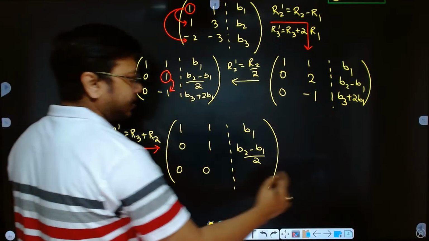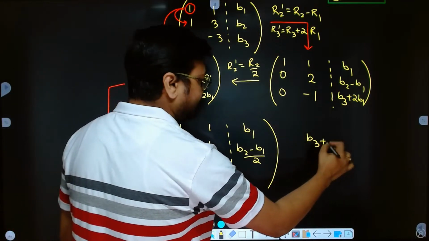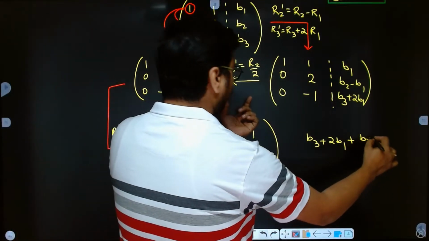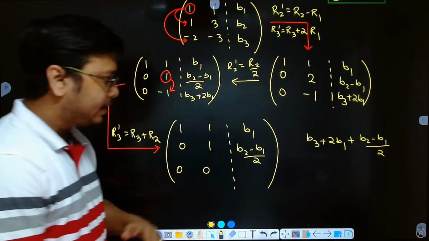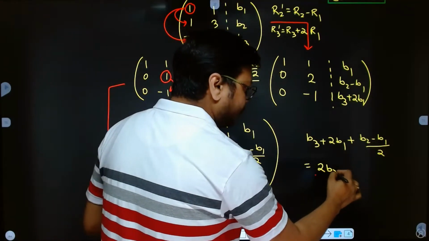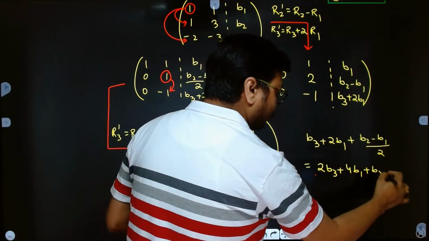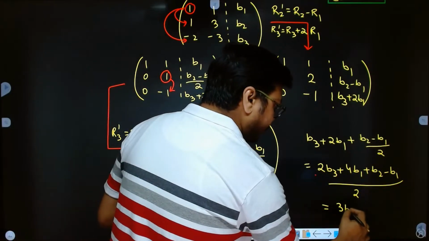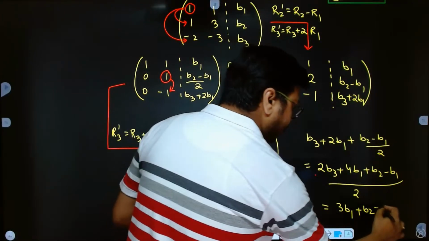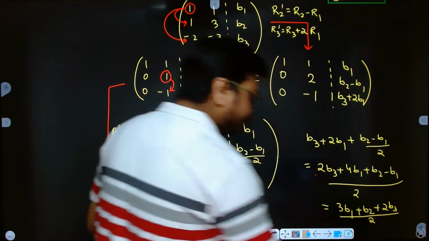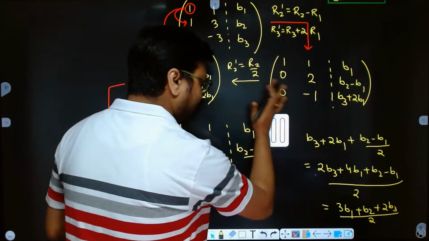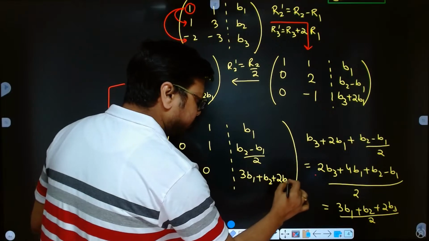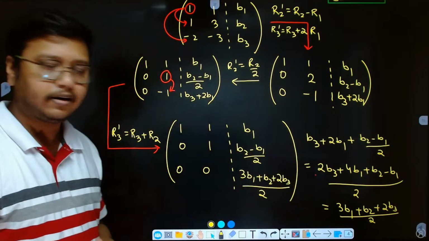I'm adding this with the element above it, so it's B3 plus 2 times B1, along with the element just above it, which is B2 minus B1 upon 2. This turns out to be 2B3 plus 4B1 plus B2 minus B1 upon 2, which finally turns out to be 3B1 plus B2 plus 2B3 whole upon 2. So this position becomes 3B1 plus B2 plus 2B3 whole by 2.